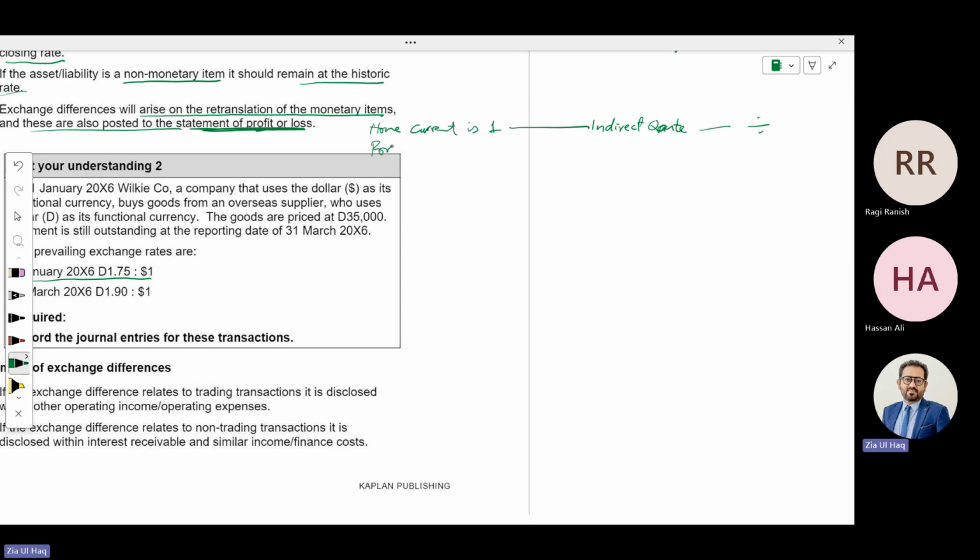If foreign currency is 1, that is called a direct quote of exchange rate. The exchange rate, which we get from the exchange, is provided as a quote: this currency is equal to this. So that is a quote of currency. If your home currency is 1, that is the indirect case, and we need to convert by division. And if foreign currency is 1, that is called a direct quote, and in that case we need to find the other currency by multiplying.